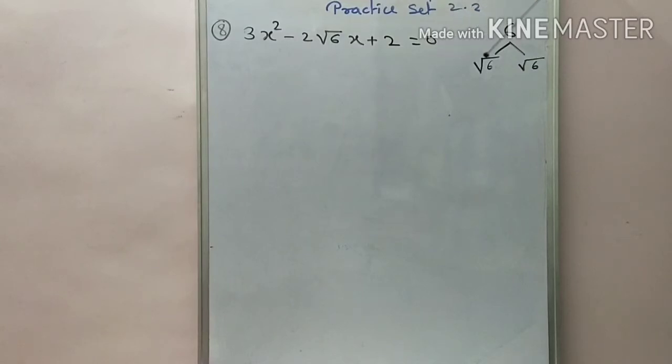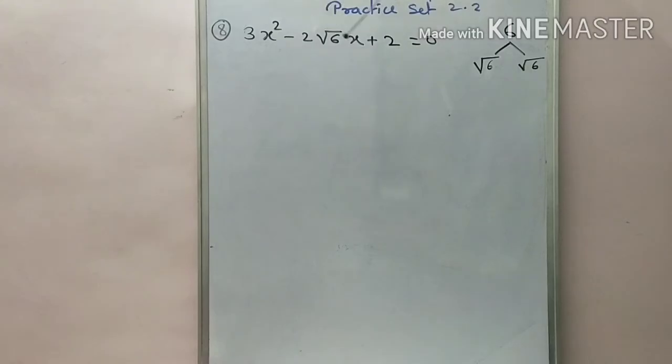Here we are taking both factors with root 6, and as we do the product, root 6 into root 6, yes, we get 6, and the addition of root 6 plus root 6 we get 2 root 6. Means these are the factors of this 6, not 3 2s are 6 or 2 3s are 6 or 6 1s are 6, because here the middle term is an irrational number.